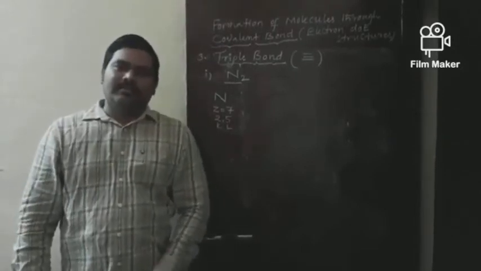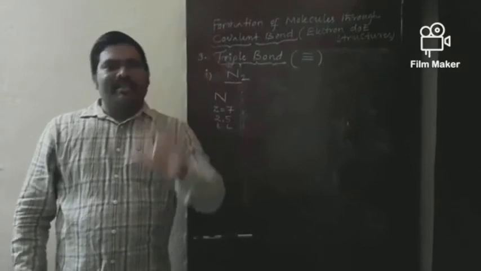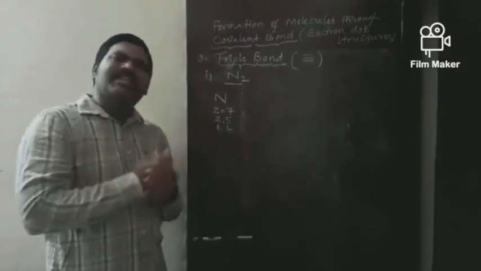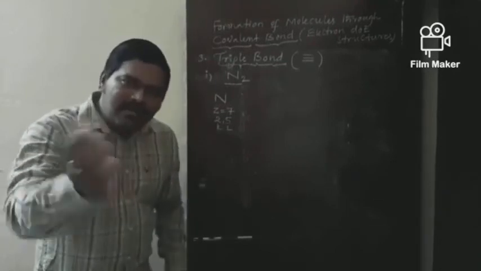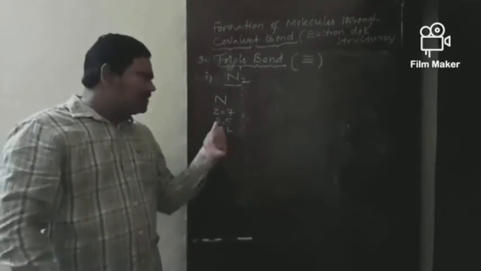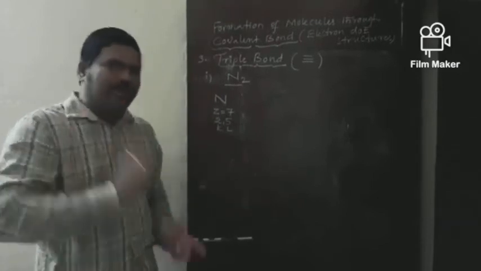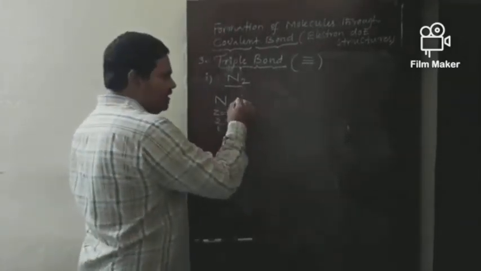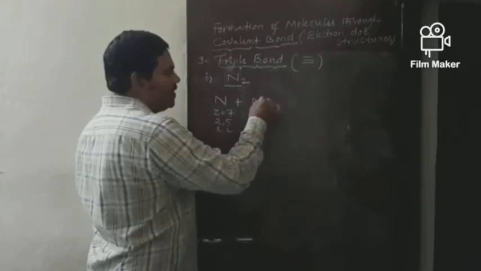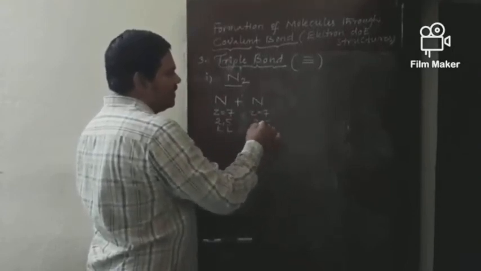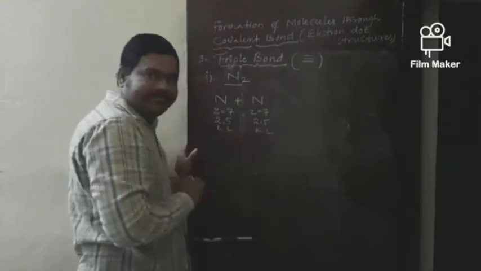A single nitrogen has 5 valence electrons. But this is unstable. In order to attain stability, it still requires 3 more electrons.